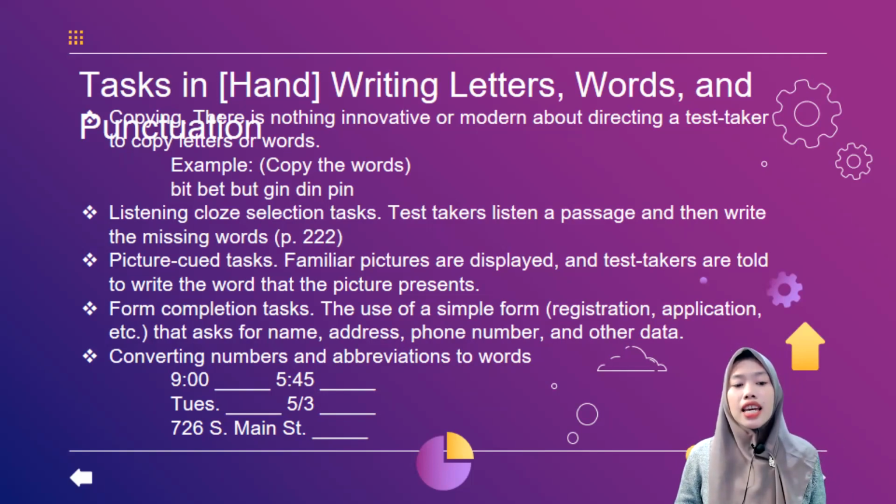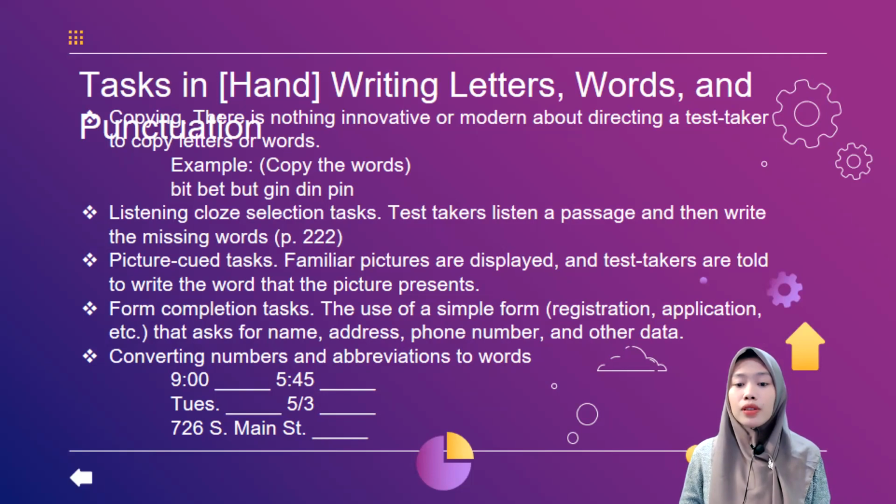And then the next activity is the picture cue task. Familiar pictures are displayed. So the teacher displays a picture and then test takers are told to write the word that the picture presents. Okay, and the next is the form completion task.